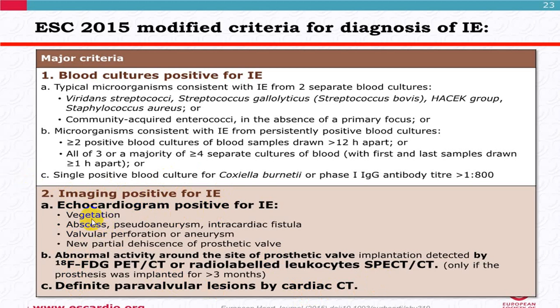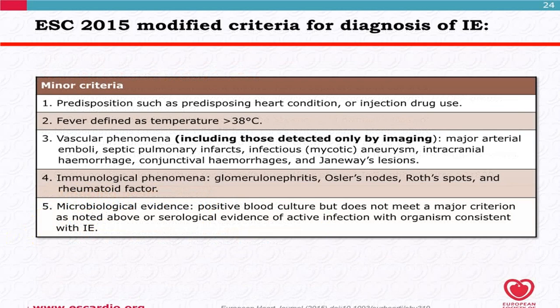On echo, if you demonstrate vegetation, or abscess, pseudoaneurysm, or fistula, valvular perforation or aneurysm of valvular structures, new partial dehiscence of prosthetic valve, etc., it was considered a positive criteria. So these were the two major criteria.